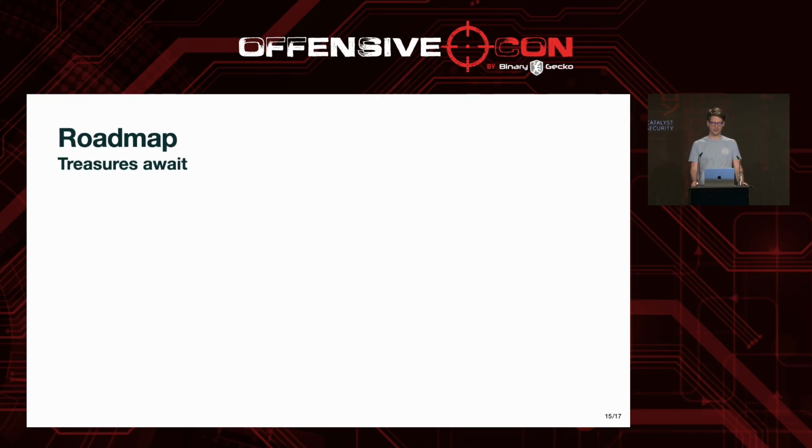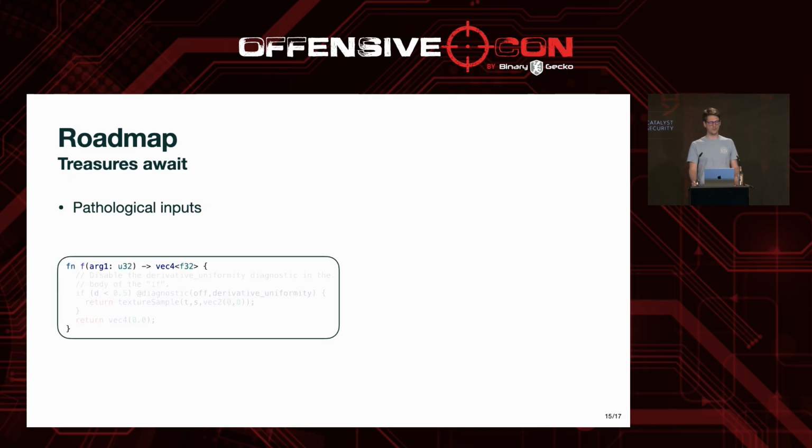This is pretty much the end of the past research, and I'd like to use the remaining time for going a little bit into future research. And one of the things here, I summarize as pathological inputs. So far the fuzzer is quite capable of generating valid shader files. However, those usually don't exhibit any kind of pathological behavior.